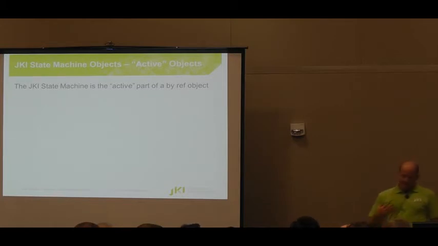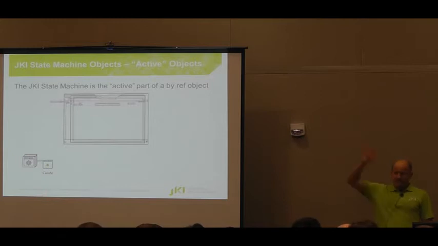So we're talking about the JKI state machine. When we create the object, there's now an active loop, a JKI state machine, that has that same reference to the object and all of its data. Somewhere in the background that we don't necessarily see, unless we have that state machine configured to open this block diagram, it spawns an instance of the JKI state machine.